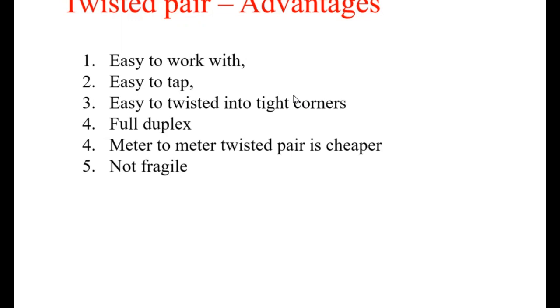Simplex communication is only communication in one direction. If you listen to your radio in the car, the radio station is sending to your radio, but your radio never sends a signal up to the station. We call that simplex communication, which only happens in one direction, never in the opposite direction.